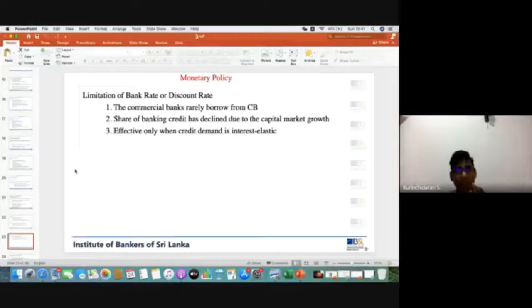So if the firms want money, they go to the capital market, not to the banks. So share of bank credit has declined due to capital market growth. So even though the central bank reduced the bank rate, the impact may be less because the firms are going to the capital market.